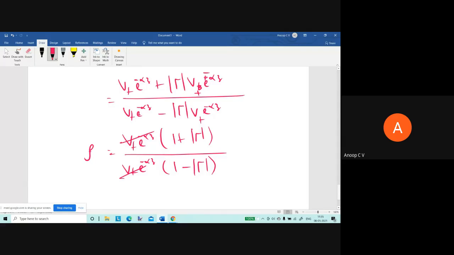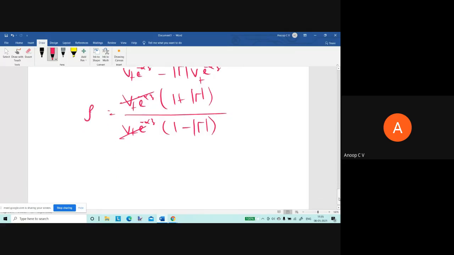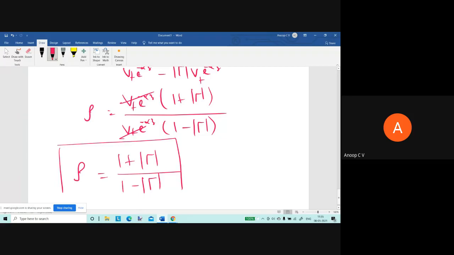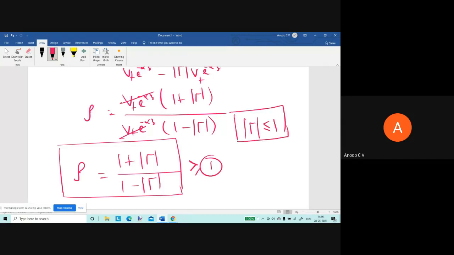So the final expression for the voltage standing wave ratio is rho equal to 1 plus mode of gamma divided by 1 minus mode of gamma, and mode of gamma will always be less than or equal to 1. So rho will always be greater than or equal to 1.